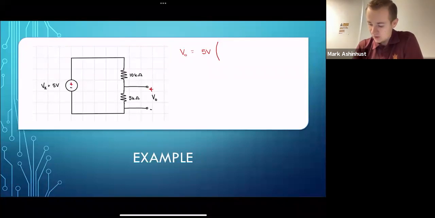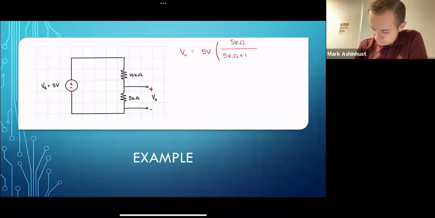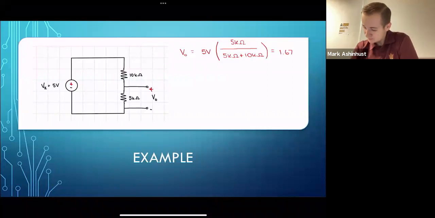So it's going to be a positive 5 volts. And then we have our resistance there, and then we have the sum of the two. This gives us 5 over 15, 1/3 times 5, about 1.67 volts.